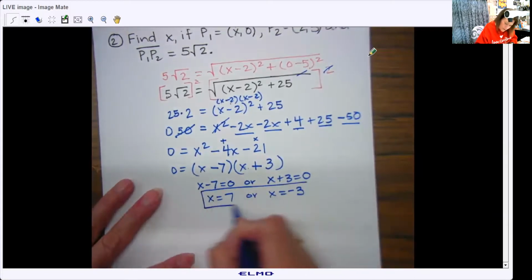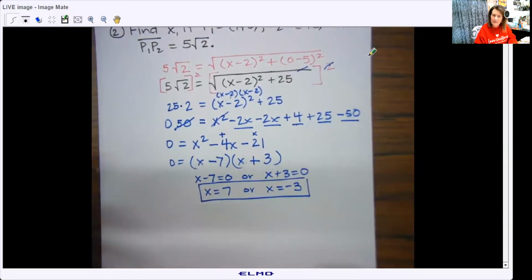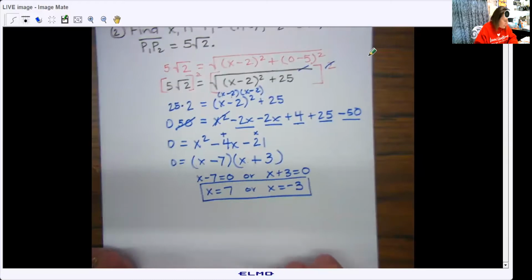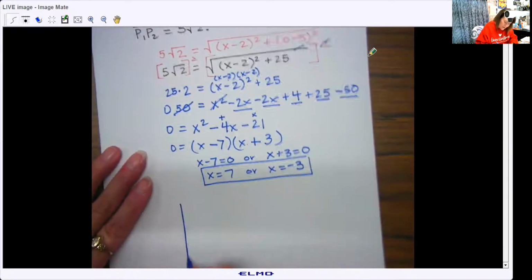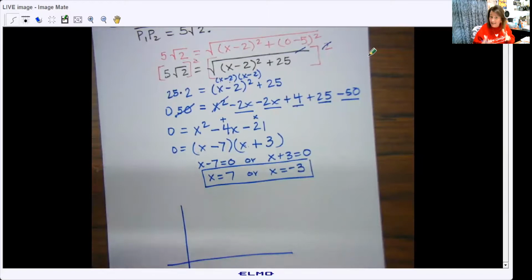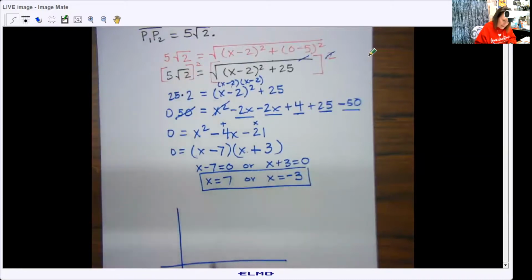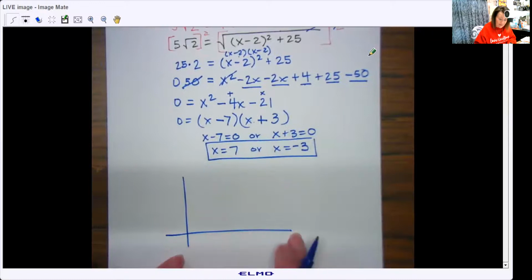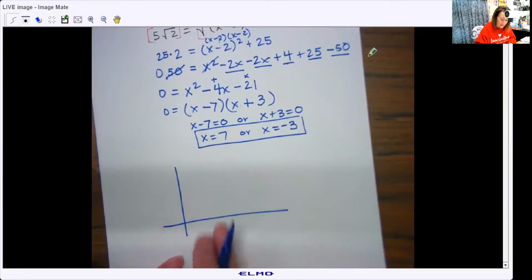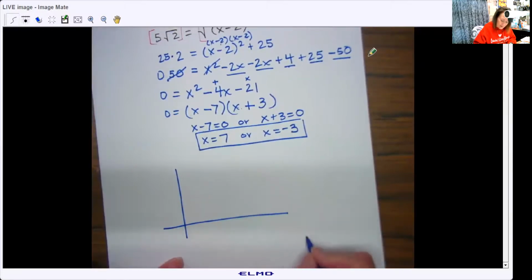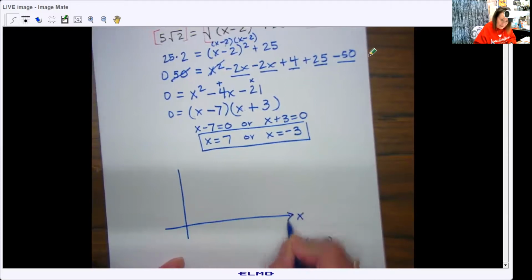Now, part of me wants to know, why in the world did we come up with two solutions? Why did we get two solutions? I want you to look at this on a graph, because here's where the analytic geometry comes in. Let's analyze why we got two solutions. So we had the point x0, which means there's some point on this axis, because it doesn't go up or down at all. So x0 is somewhere on the x-axis.